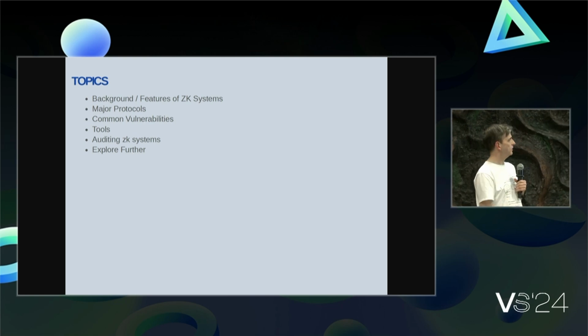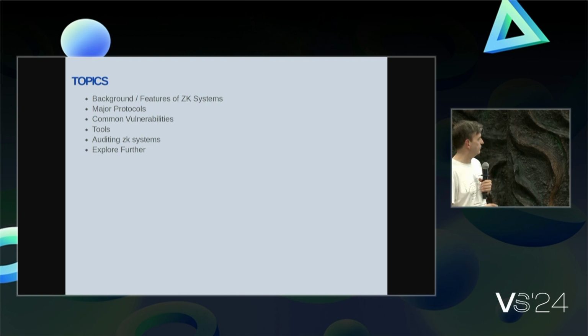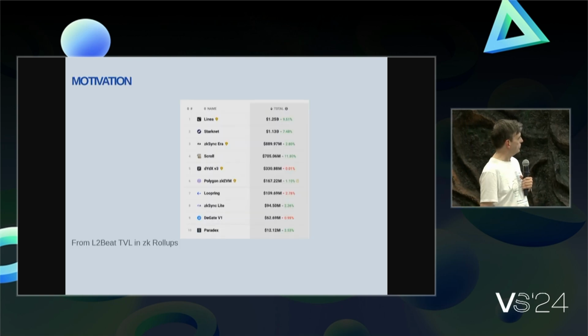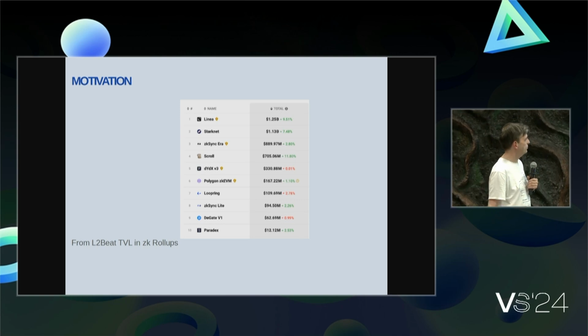Then that's what I'm going to try to explain. We can then look at some tools, look in detail at some specifics about ZK, and then have a further discussion.